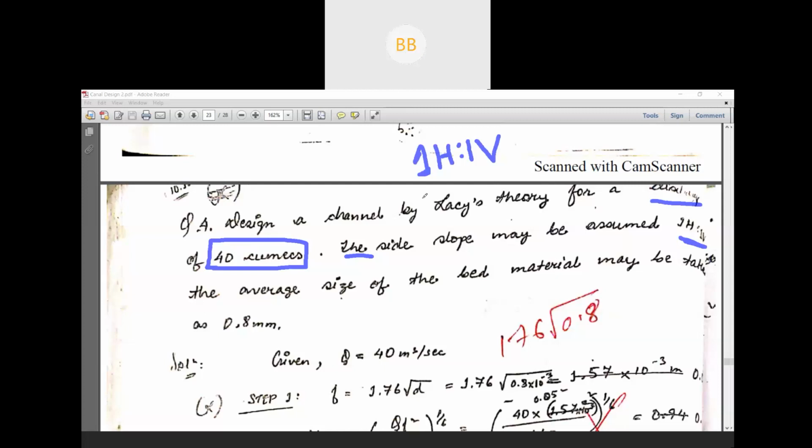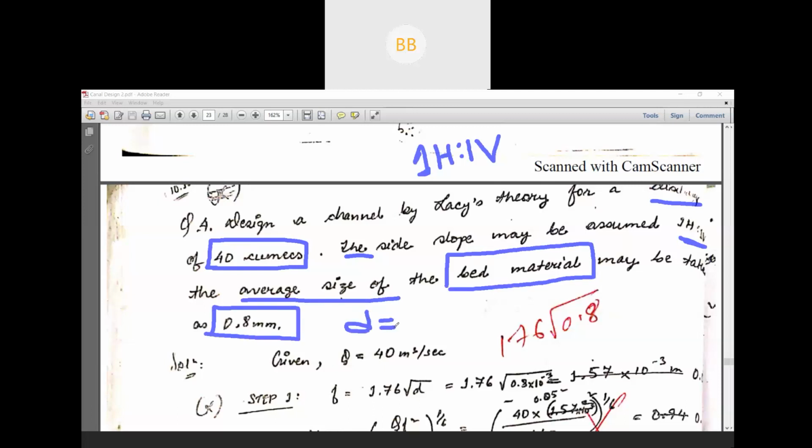The side slope of the channel is one horizontal is to one vertical. The average size of the bed material is 0.8 mm. This is nothing but your small d. Small d is given as 0.8 mm.